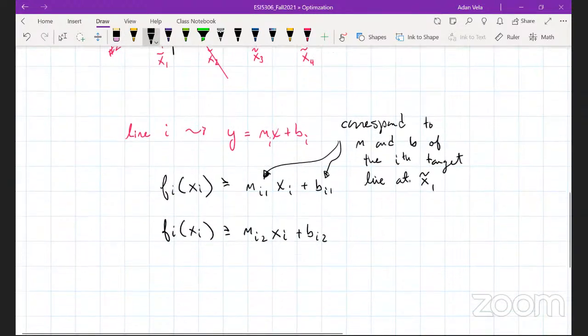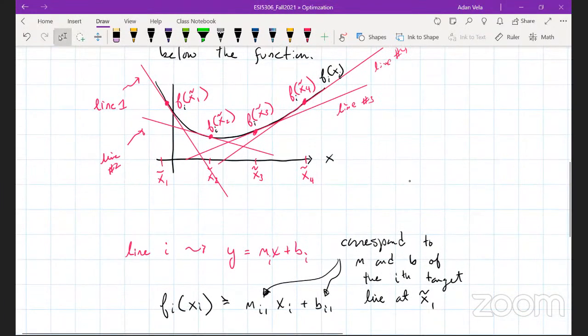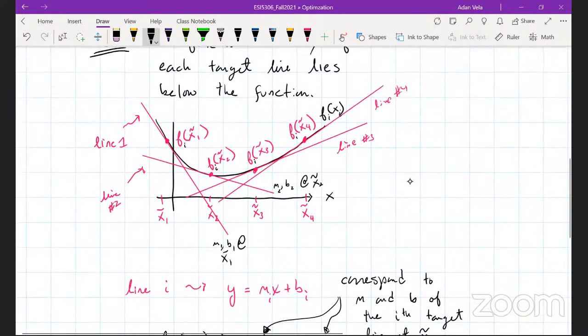Where again, m and b are calculated according to the tangent lines, right? So this is at x1 tilde. Here we have m2 and b2 at x2 tilde, right? And this process repeats.